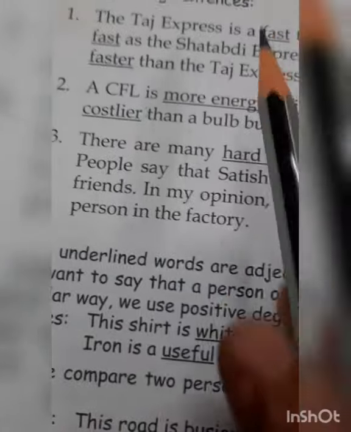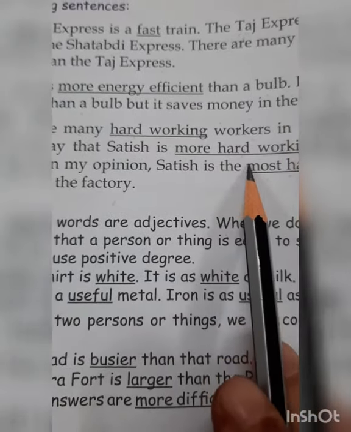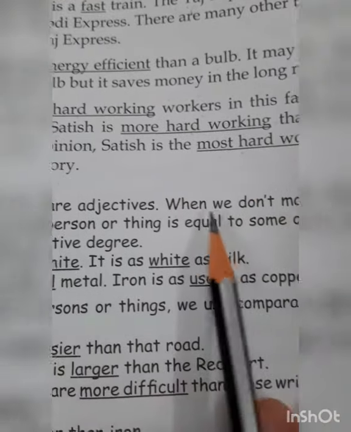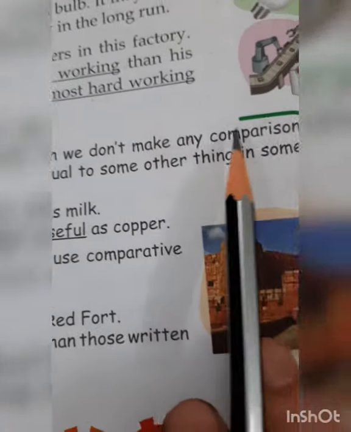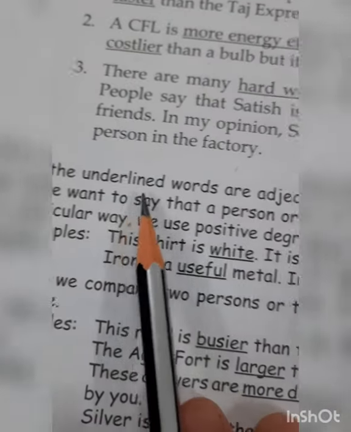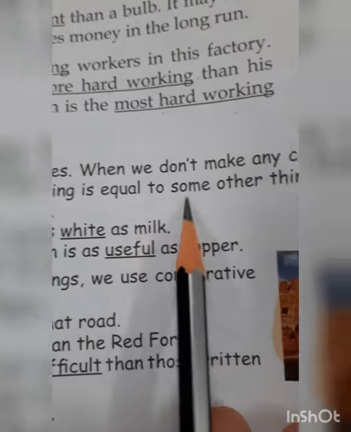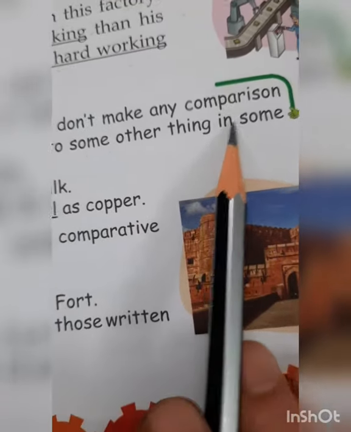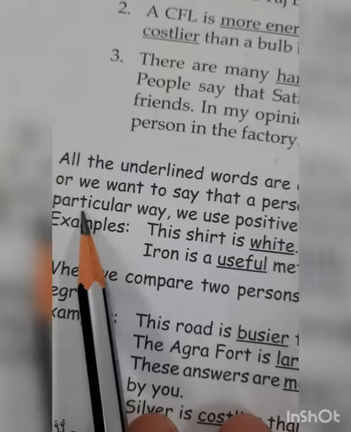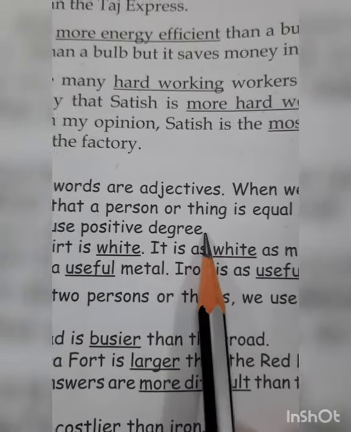Now, these underlined words are all adjectives. When we don't make any comparison, or we want to say that a person or thing is equal to some other thing in some particular way, we use positive degree.